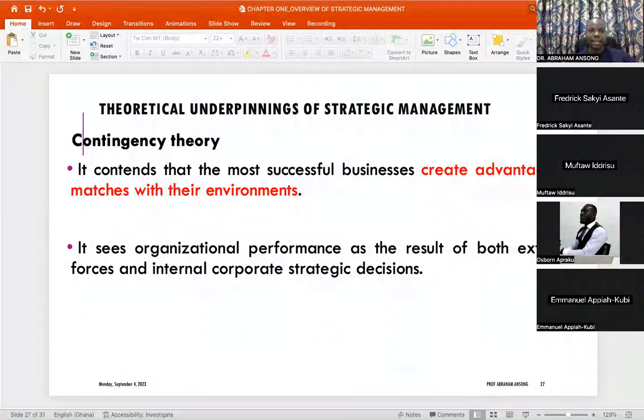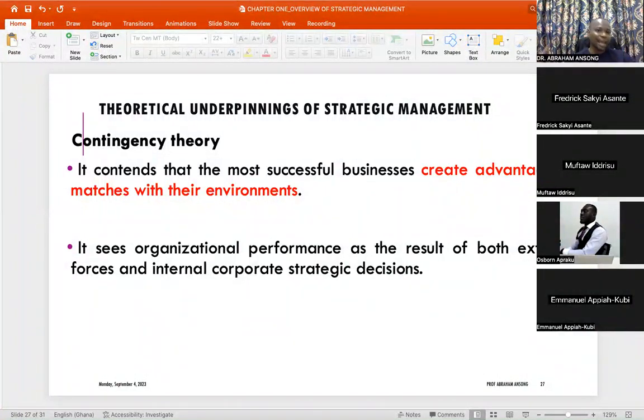The last theory, known as contingency theory, basically argues from both points. So it combines both IO theory as well as resource-based theory. It contends that the most successful businesses create advantages that match with their environment. It sees organizational performance as the result of both external forces and internal corporate strategic decisions.